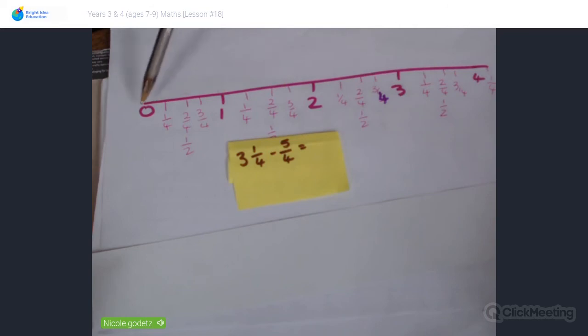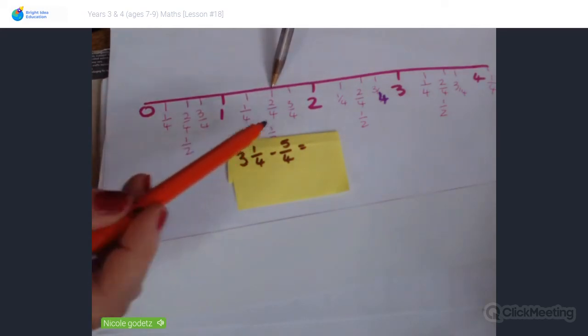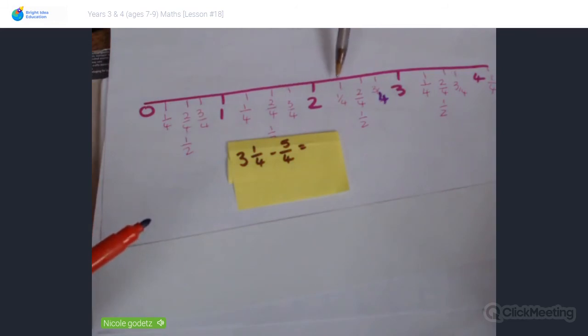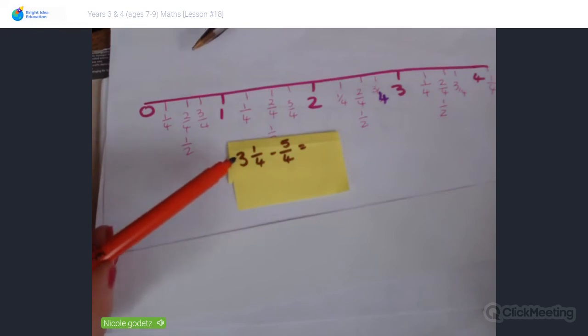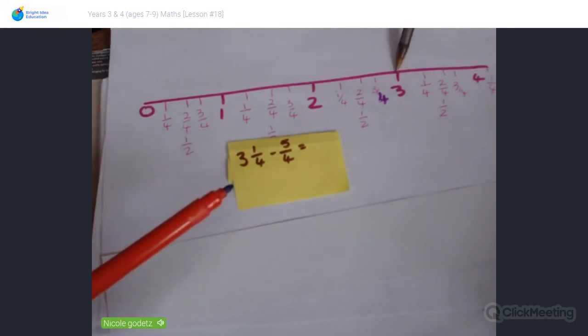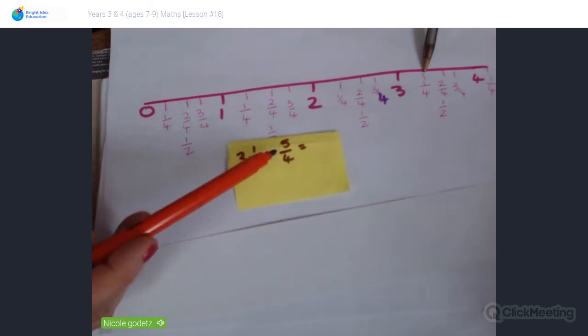So this is the number line. There's the whole numbers, and between the wholes you've got quarter intervals. So 0, 1/4, 2/4 or a half, 3/4, a whole, 1/4, 2/4 or a half, 3/4, 2, 1/4, 2/4, 3/4, 3, 1/4, 2/4, 3/4, 4. So this subtraction says you are starting with 3 1/4, and you have to take 5/4 jumps backwards.